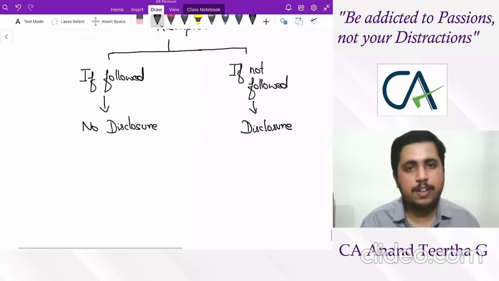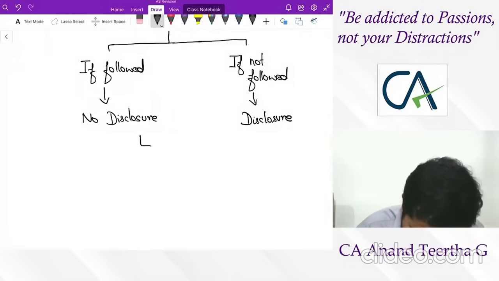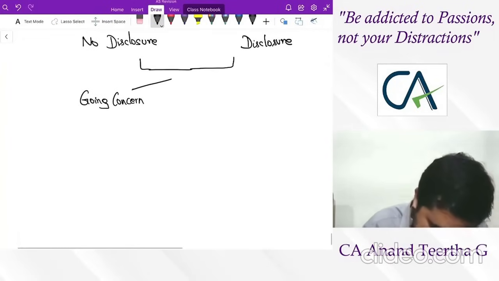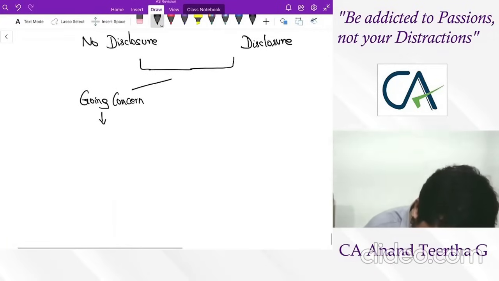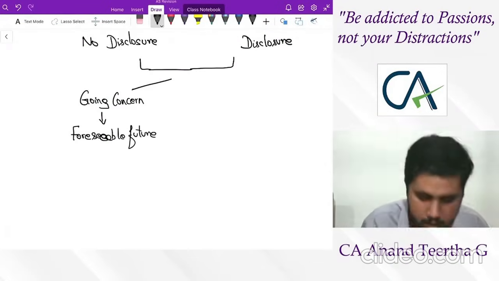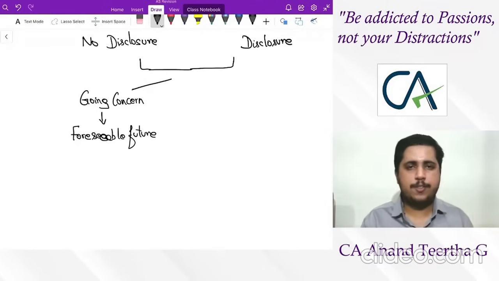Now, what are those fundamental accounting assumptions we have? The fundamental accounting assumptions are of three types. The first one is going concern. A quick understanding of this concept now. It is basically that the concern is going to exist for the foreseeable future.